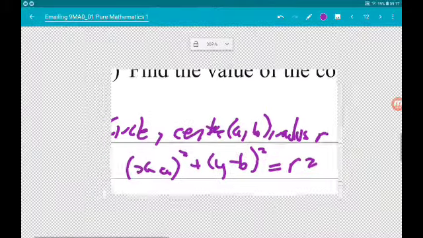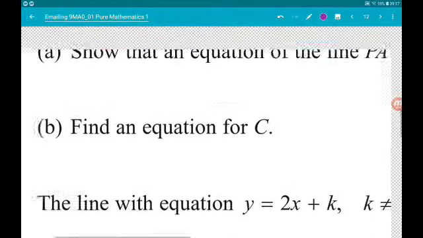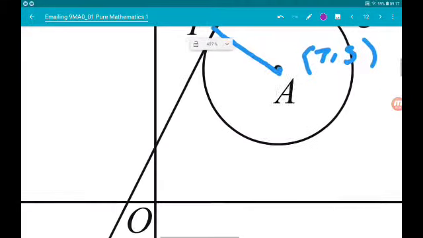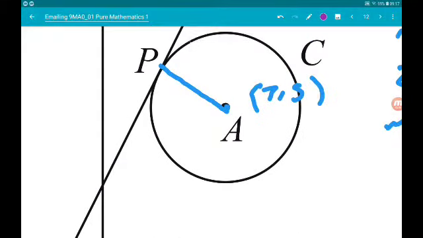So, we know the centre of our circle. The only thing that we don't know is the radius.